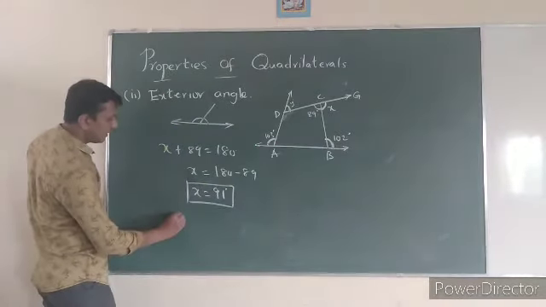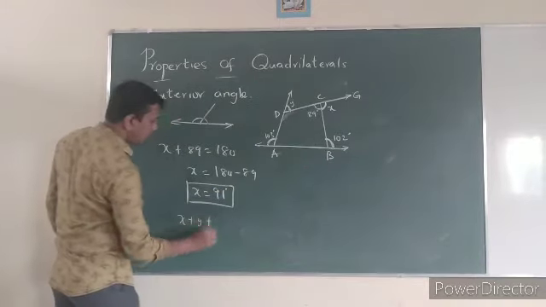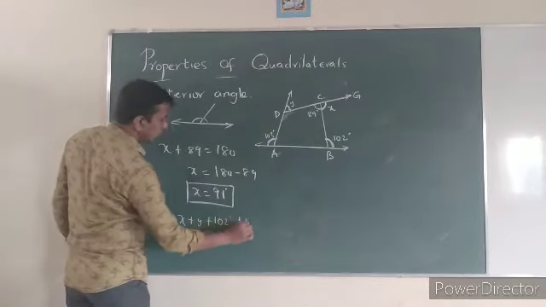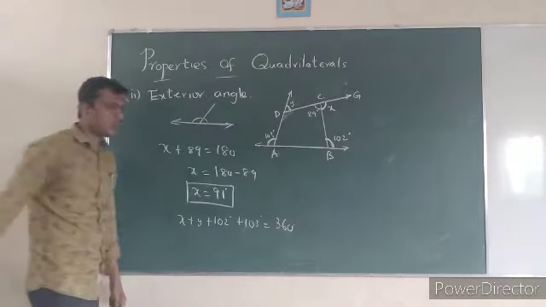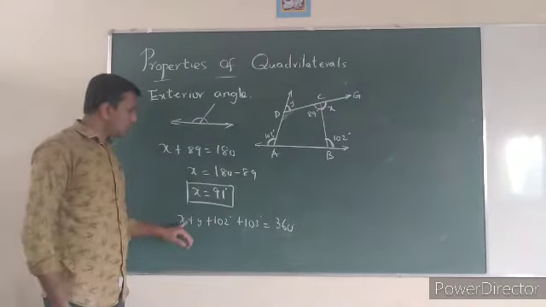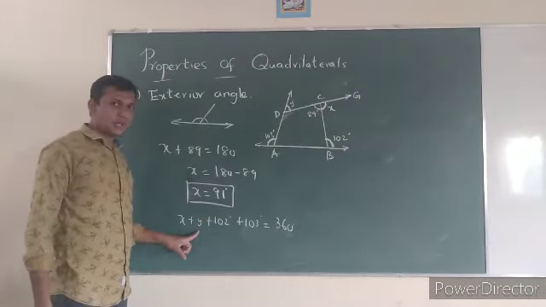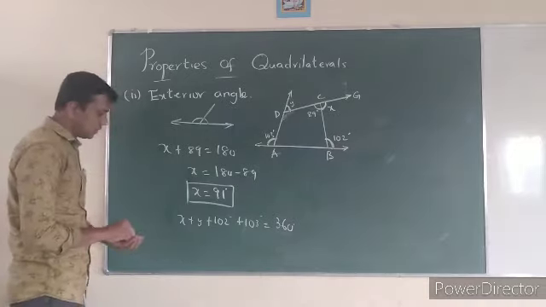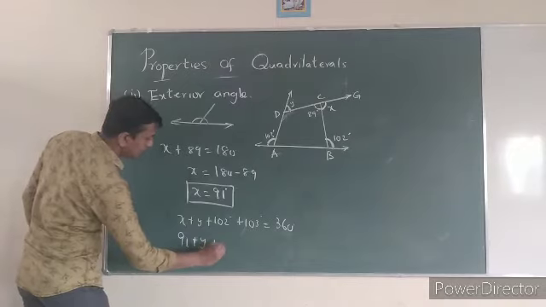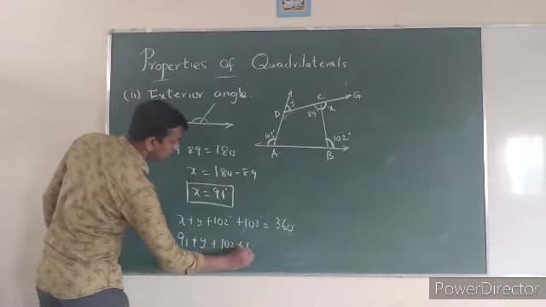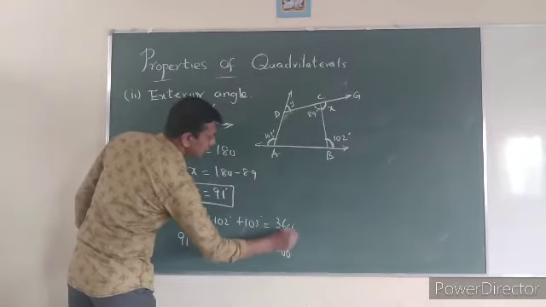So, following that, when you add x plus y plus 102 plus 103 it is equal to 360 degrees. Why have I added 4? Because I know the x value. Only one unknown value remains, so I can easily find it. So 91 plus y plus 102 plus 103 is equal to 360 degrees.